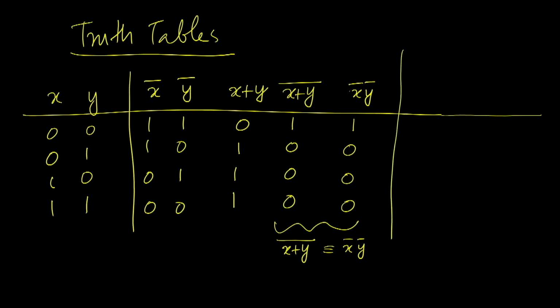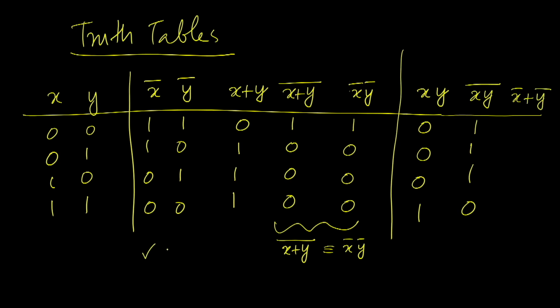Similarly, let us consider xy. Xy is 0 here, 0 and 0, 0 and 1 is 0, 1 and 0 is 0, and 1 and 1 is 1. So, xy is 0 0 0 1. Then what would be xy complement? That would be 1 1 1 and 0. And what would be x bar or y bar?